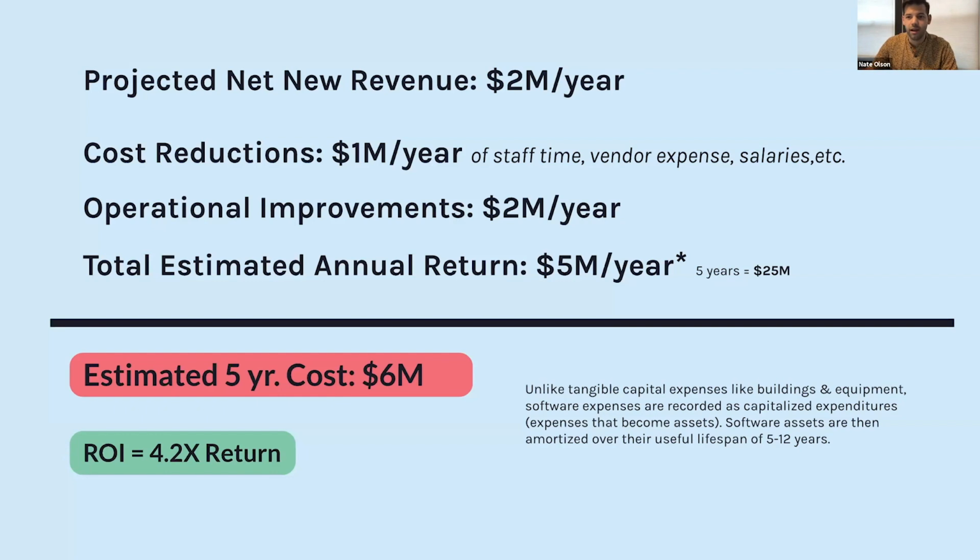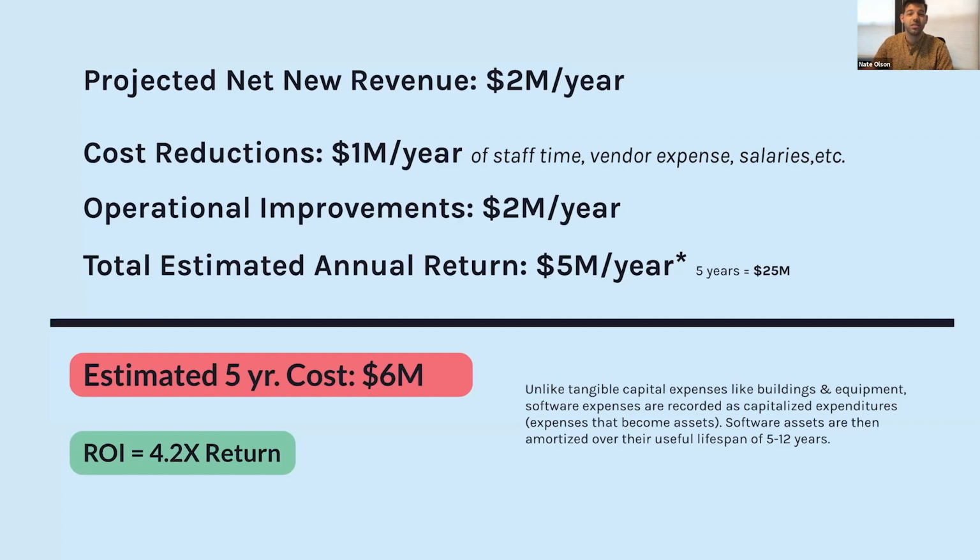So here's an easy example. I just used round numbers, but this is pretty similar to some projects that I've quoted recently where we've calculated some of these things. So projected net new revenue, hey, we're going to take on $2 million worth of new projects that we couldn't take on before due to our efficient processes and our investment in this tech.